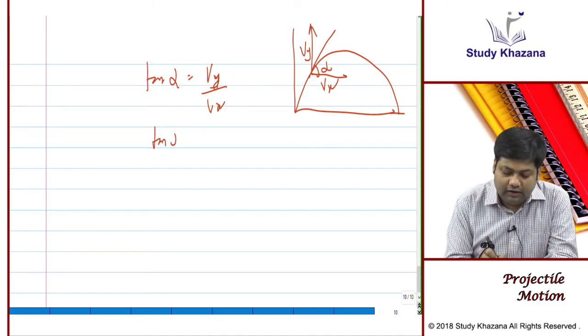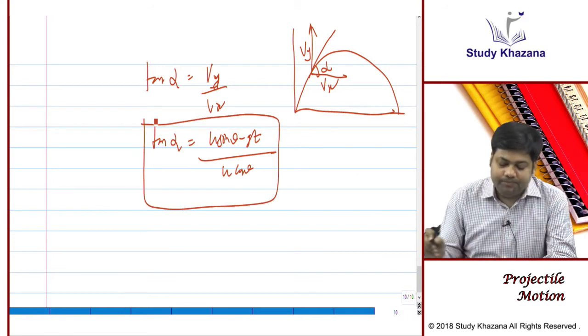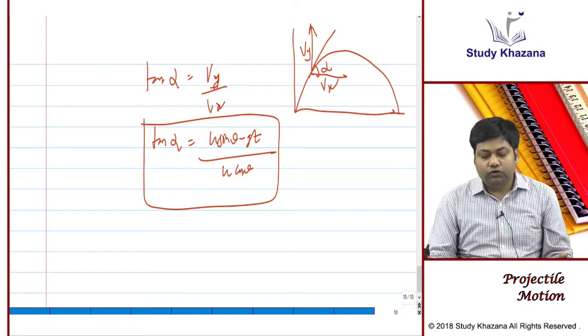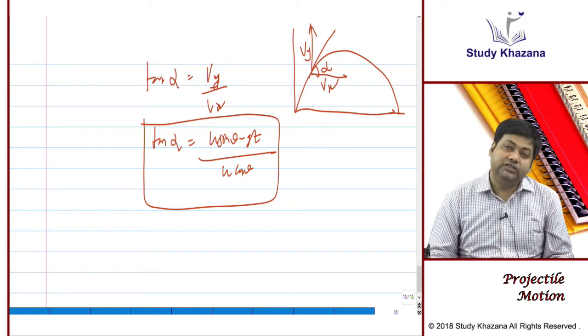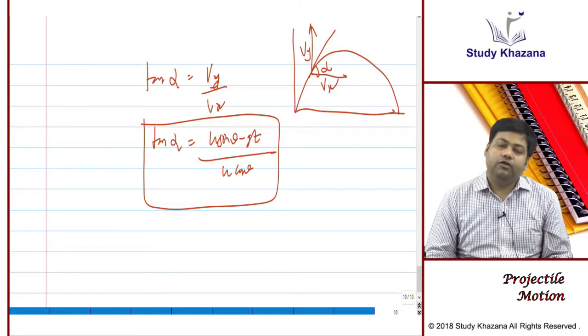So tan alpha is u sine theta minus gt upon u cos theta. This is the value of the velocity, and this is the value of the angle that the body makes. And of course, when u sine theta minus gt is 0, you will have tan alpha equal to 0.